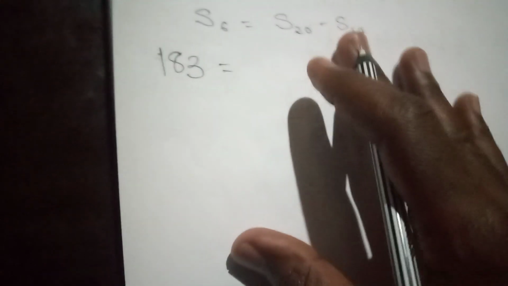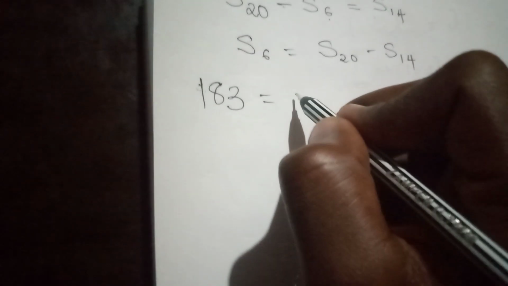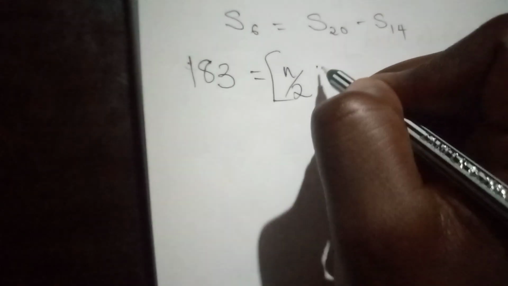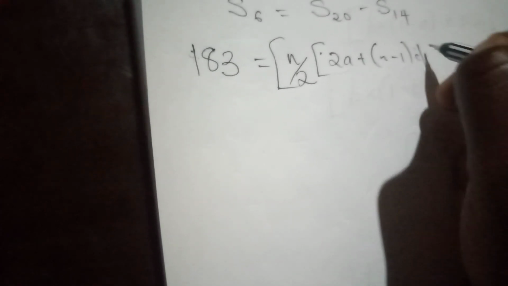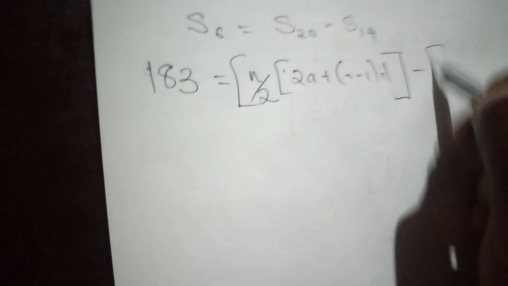What about the sum of 20 terms of the AP? We don't know, so we have to calculate. You and I know that the sum of an AP is given by the formula n over 2, open brackets, 2a plus (n minus 1) times the common difference.